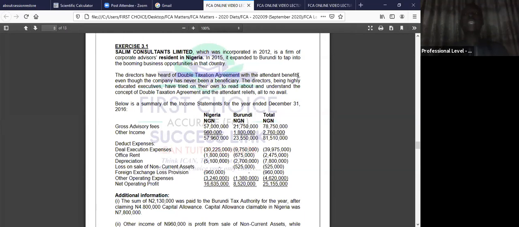With the attendant benefits, or even though the company has never been a beneficiary, the directors, being highly educated executives, have tried on their own to read about and understand the concept of double taxation agreement and its attendant relief, all to no avail. They're just trying to tell you stories here, so let's leave them.